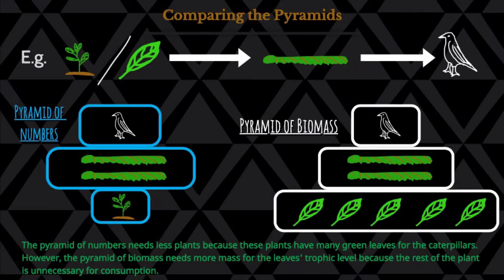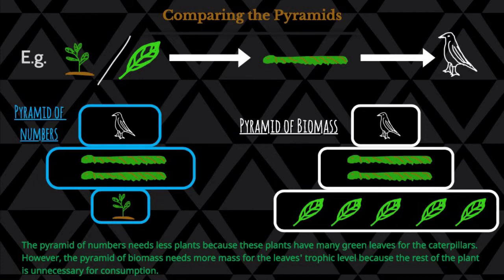So let's compare some pyramids. We're going to have an example, which is this following food chain above there, which has a plant or leaves, which are going to be consumed by the caterpillar, and the caterpillar is going to be consumed by the bird. That's the very first food chain that we looked at.